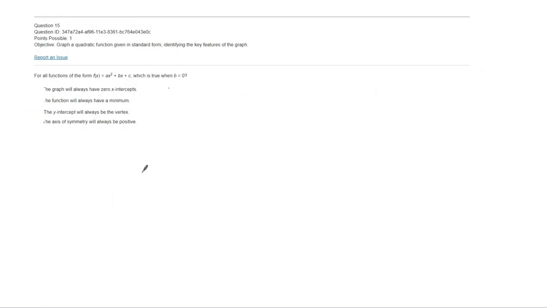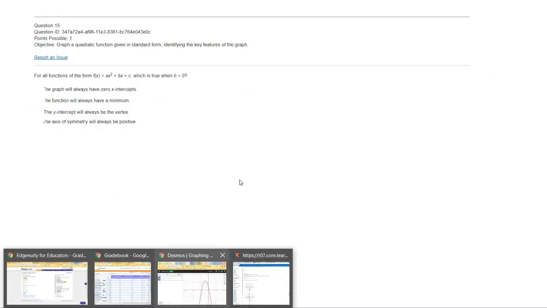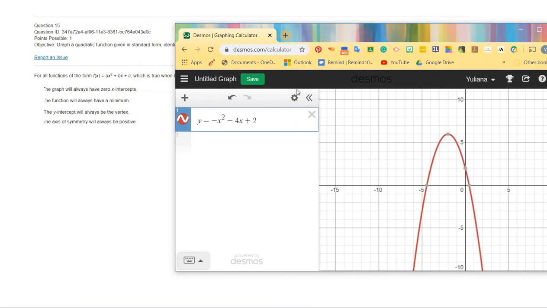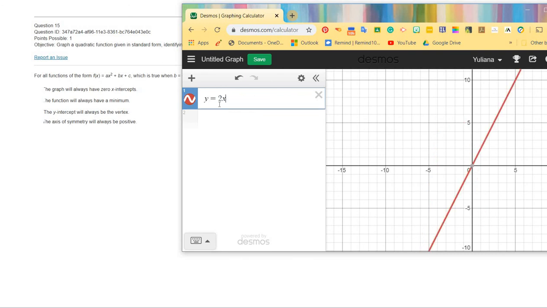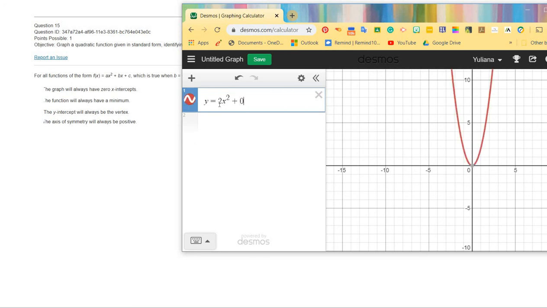Okay, which is true if b is equal to 0? So this would be a good one, again, where we graph them to see. So the b value is right here. So if I just graph random parabolas, 2x², but what I'm going to make happen is I'm always going to make that b value 0 to see what happens.